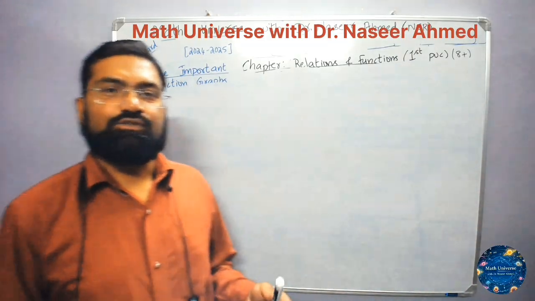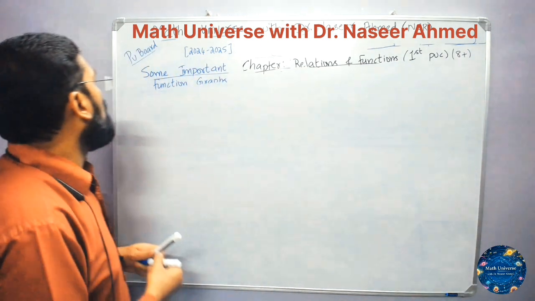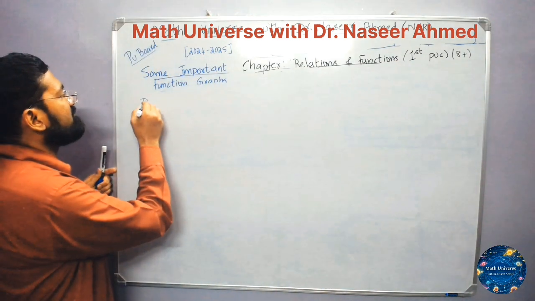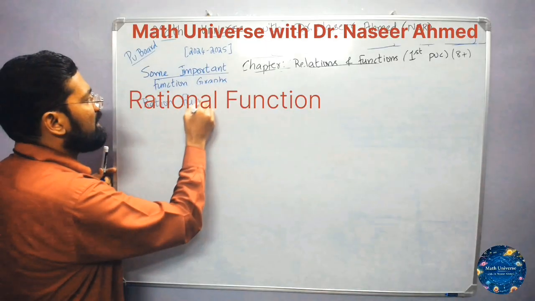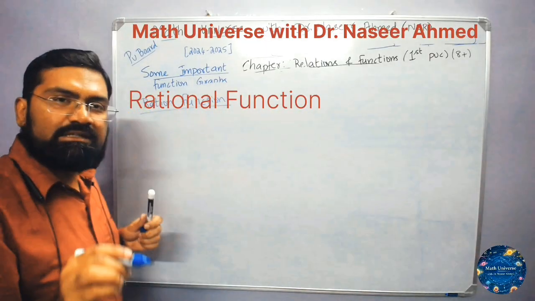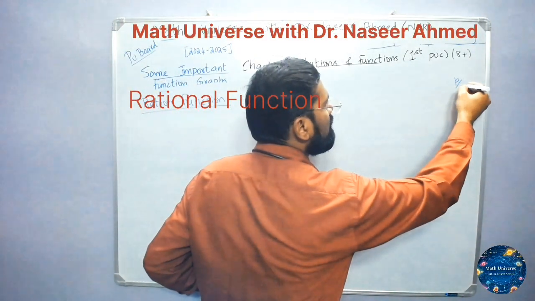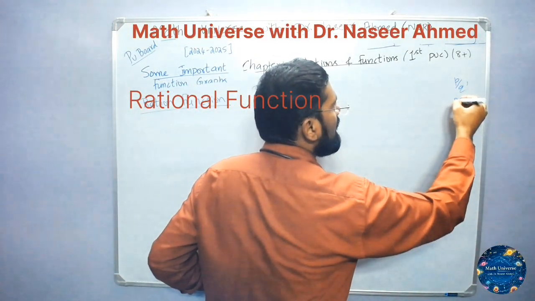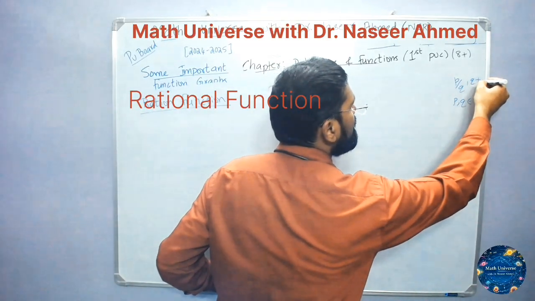Okay. Dear students, now we have come to the last graph, that is rational function. What is rational function? See, we have heard about rational number. Similar to that. First, the rational number definition is what? Any number of the form p by q, where both p and q are integers and the denominator q is not equal to 0.